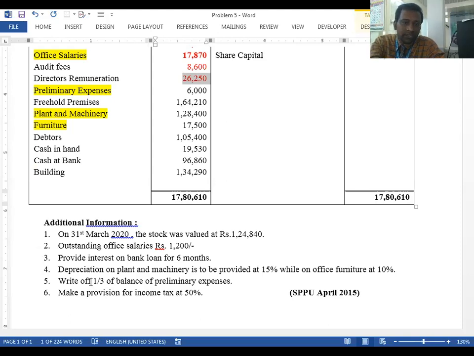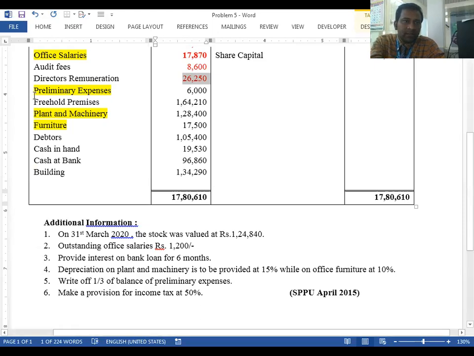Here one adjustment is given: write off one third of the balance of preliminary expenses. So for the current year only one third is assigned, and the rest is kept in the balance sheet.